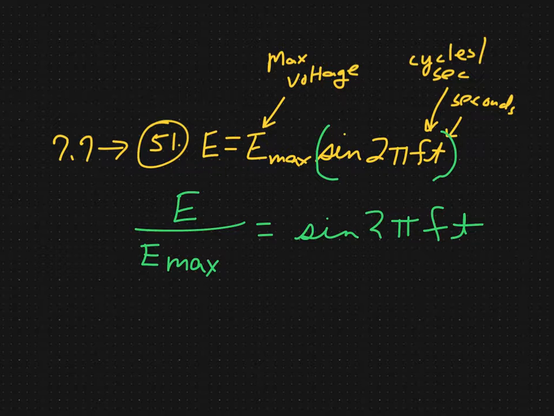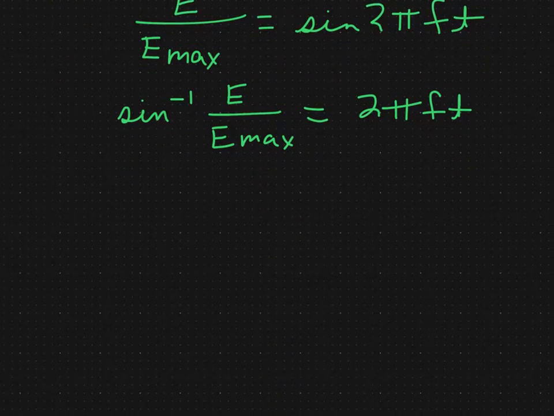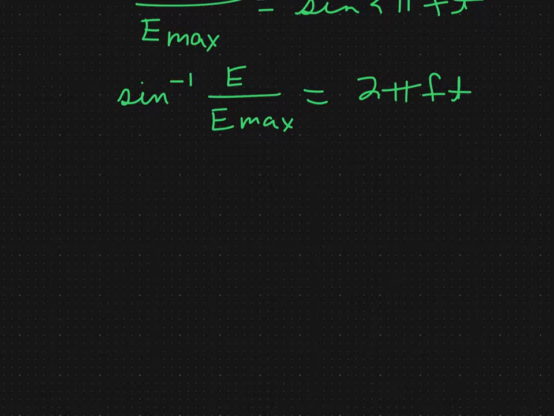Okay, and then we can sine inverse both sides to get rid of the sine. So I have the sine inverse of E over E max equal to 2 pi ft. And now we can divide both sides by 2 pi f, or multiply by 1 over 2 pi f.